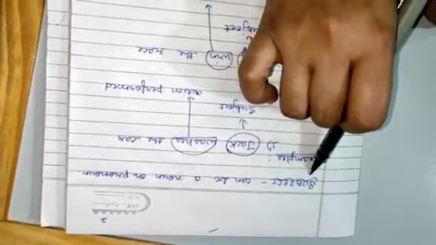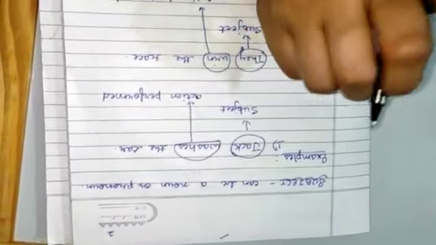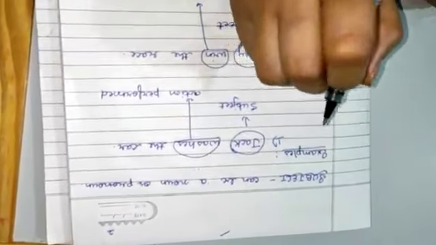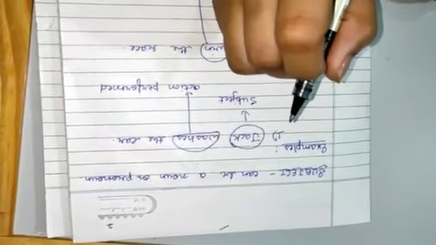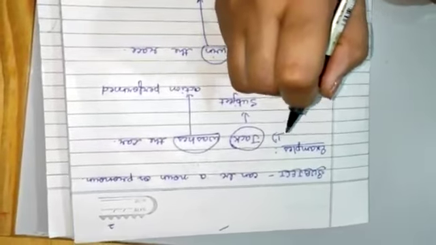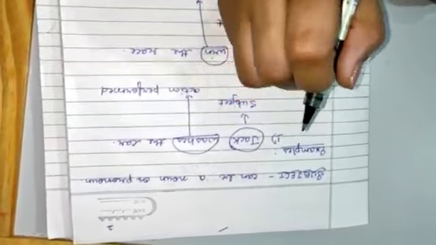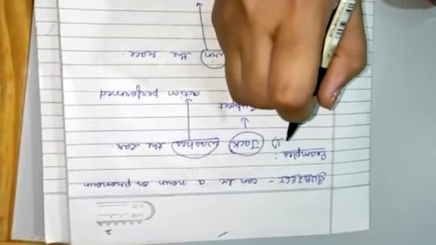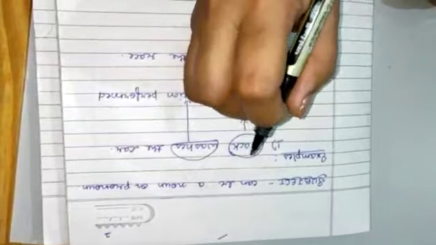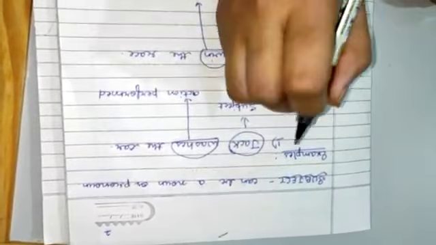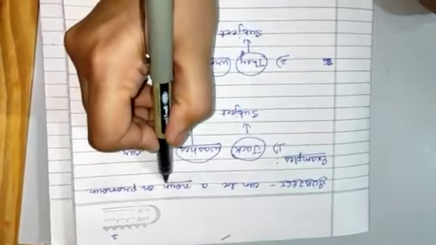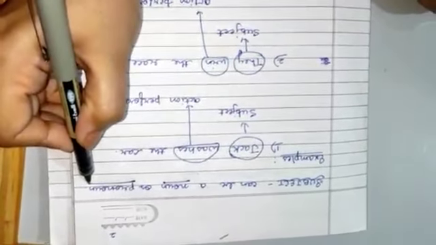Subject. A subject is the person, animal, place, or thing that is being talked about or that is performing the action. A subject can be a noun or a pronoun.